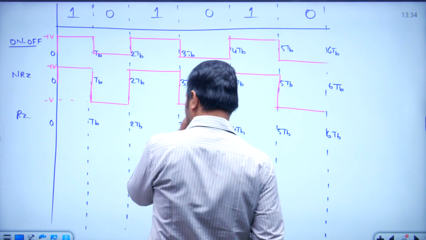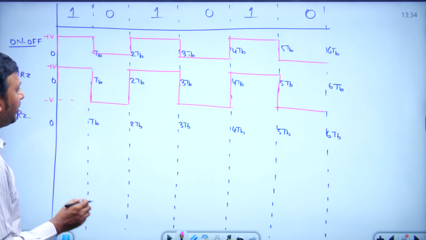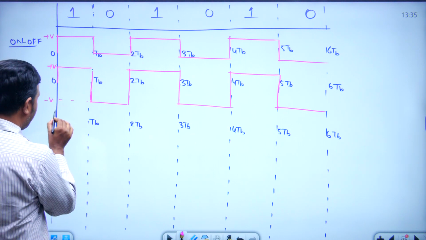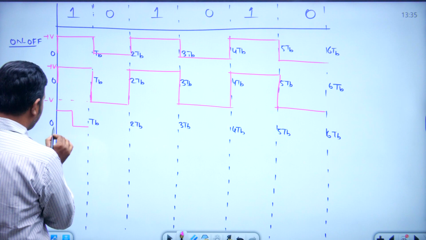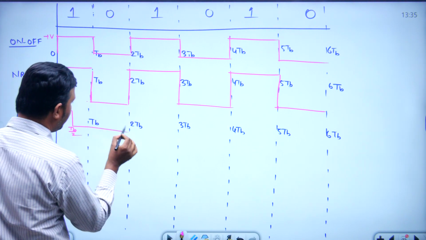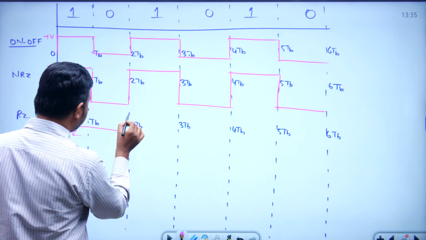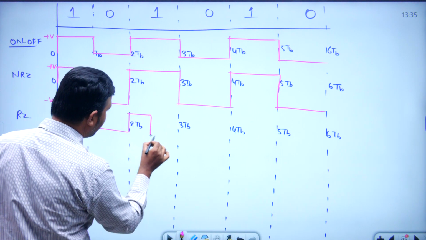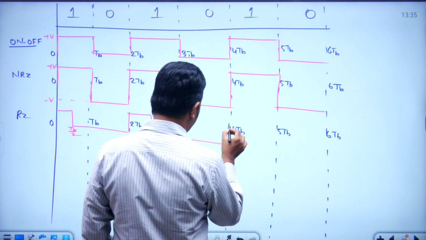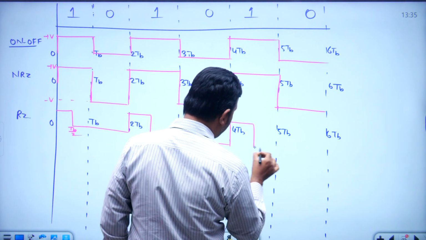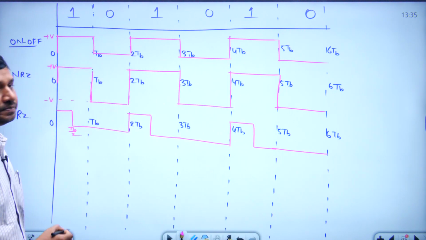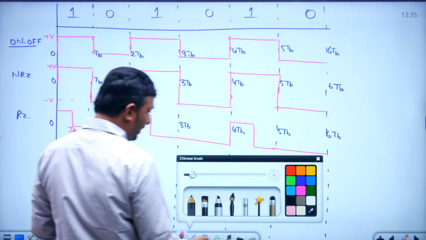In return to 0, we make use of a half-width rectangular pulse only. 1 means this kind of representation, lasting TB by 2, and 0 means 0. 1 means this kind of representation again, 0 means 0, and so on. This is return to 0.